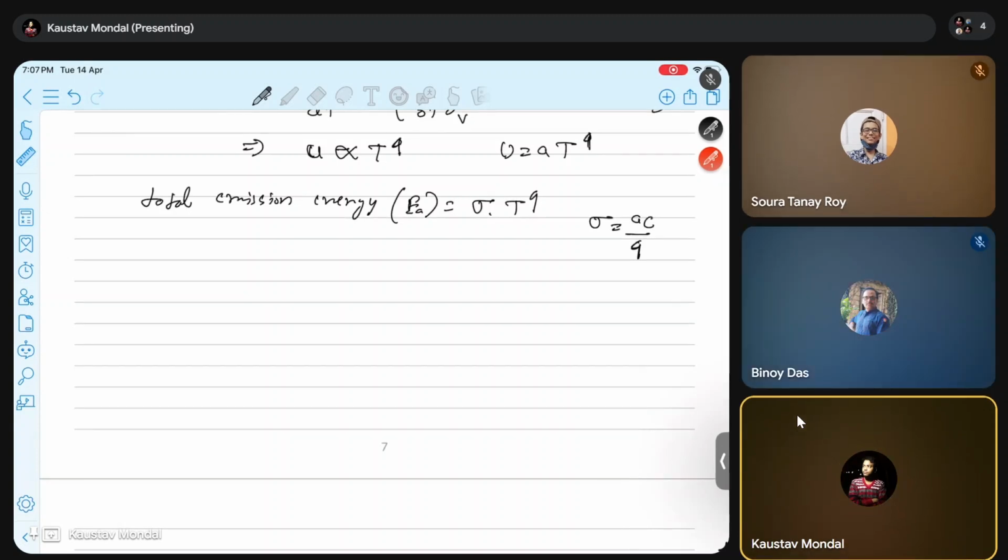This particular relation has a name, which is known as the Stefan-Boltzmann law.